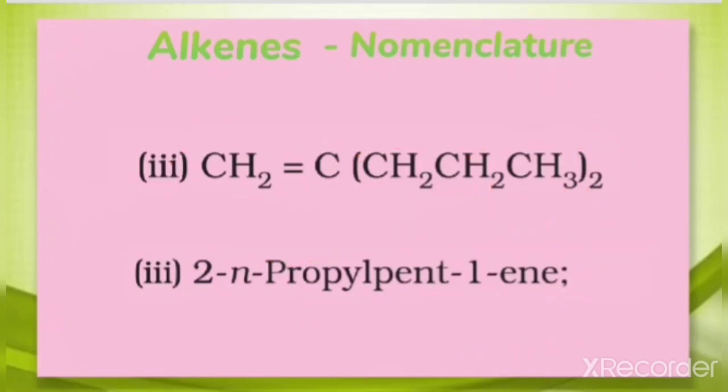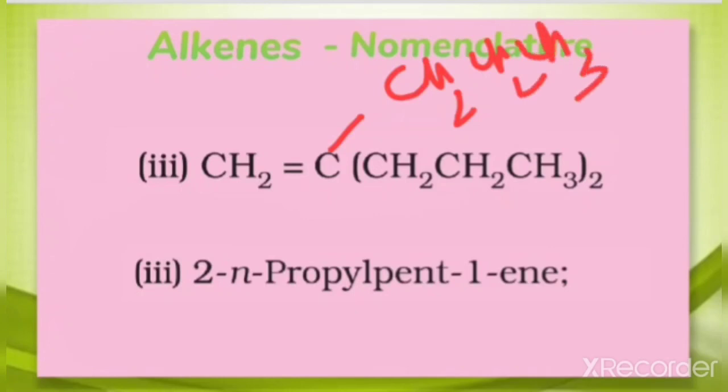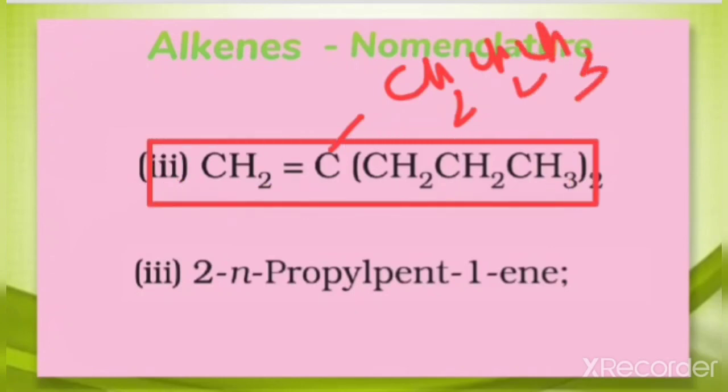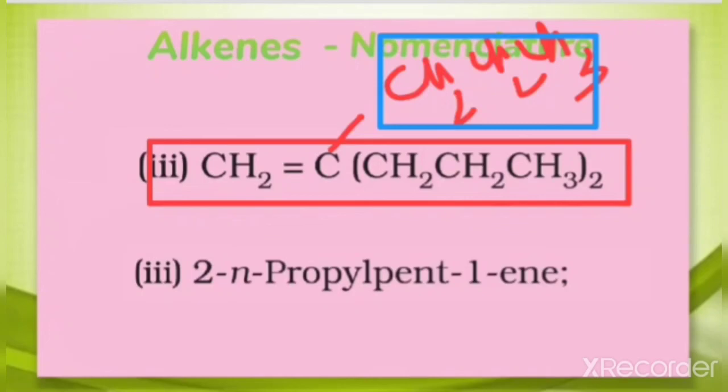Here in this, better you expand this one as CH2 CH2 CH3. So at that time, this one will be the main chain, and this one will be the substituent. At that time, numbering you have to do: this one is the first carbon, second, third, 4, 5.